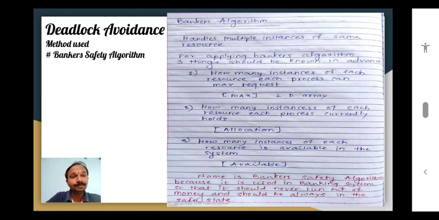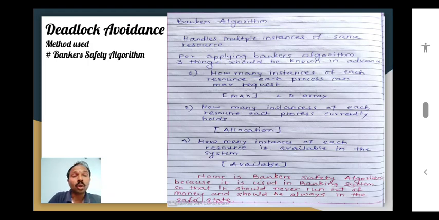Now friends, the name is given as Banker's safety algorithm because it is used in banking systems, so that the bank should never run out of money. The bank should always be in a safe state. It never happens that we request some money, debiting some money out of a bank, and the bank persons tell you that they don't have the money.